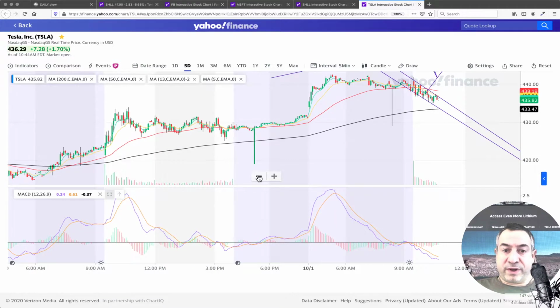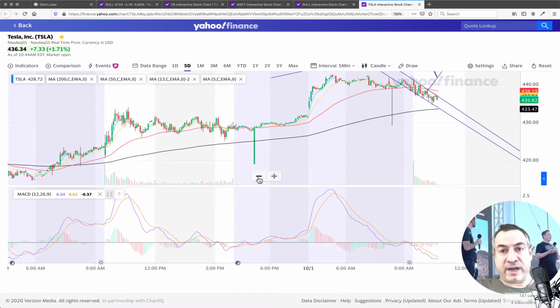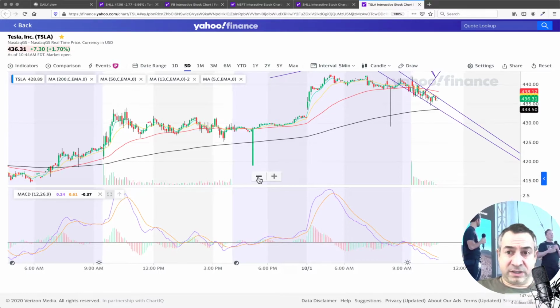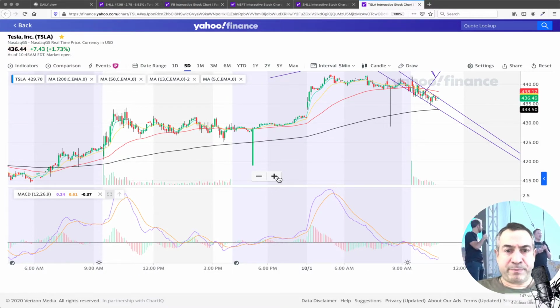Don't forget that there have been many disappointments with Tesla, because many things that were going to happen didn't happen, like the inclusion in the S&P 500 that didn't happen. That created a big bull rally, and then many people lost a lot of money, including me.